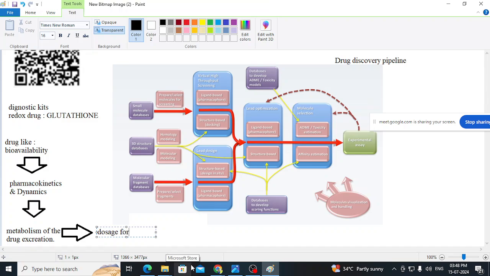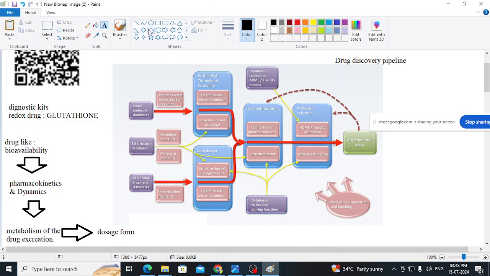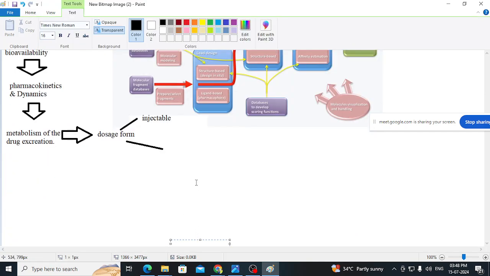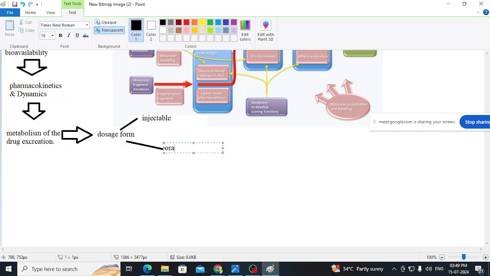Dosage form means in which architecture you will use the dose. For example, will it be injectable, will it be oral? It will give you an idea whether the molecule will be injectable, or oral, or things like that. So these are different aspects of it.